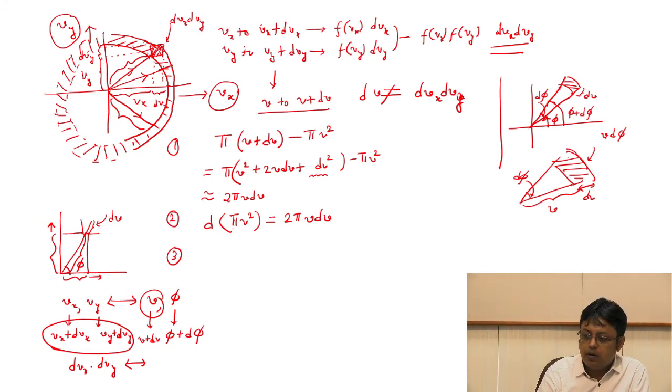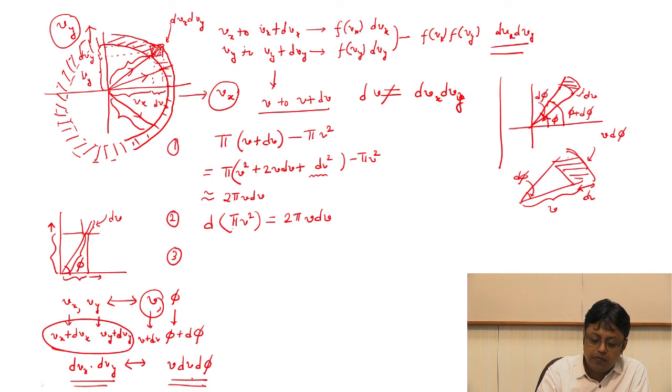So what I'll get is v dv into d phi. Now that is basically the infinitesimal area which we get.